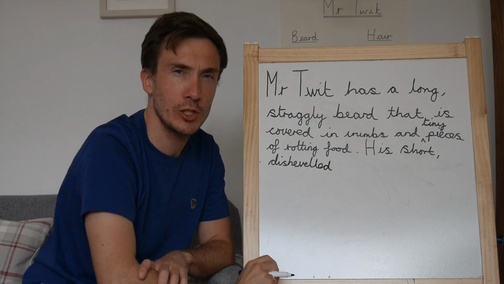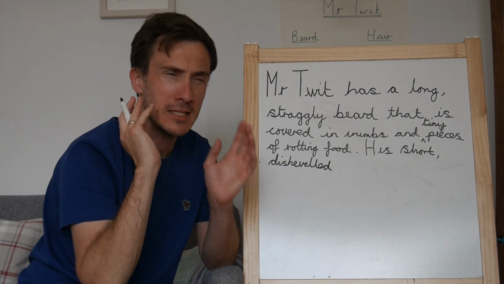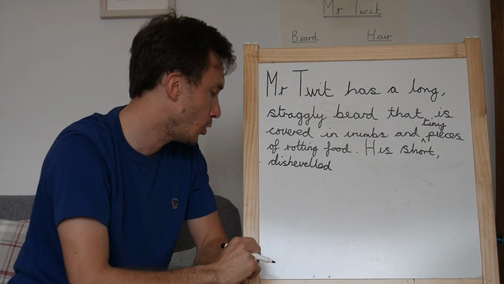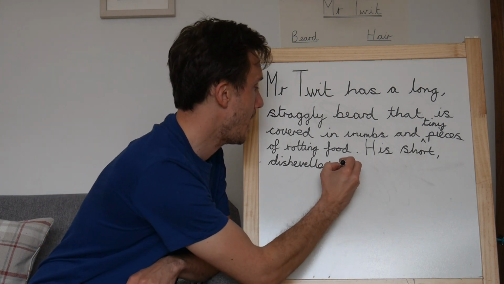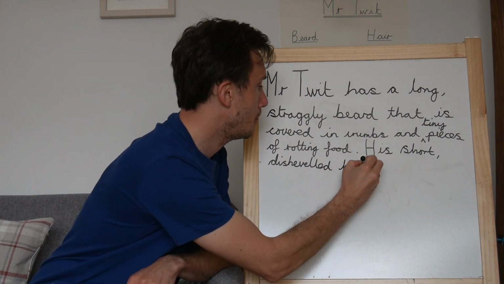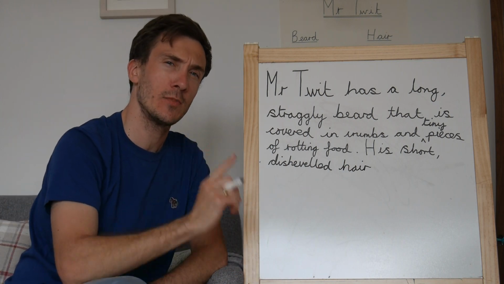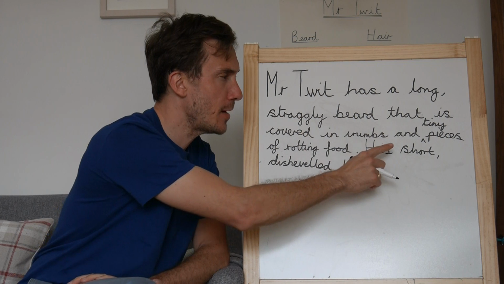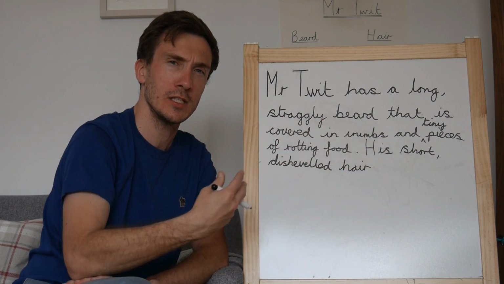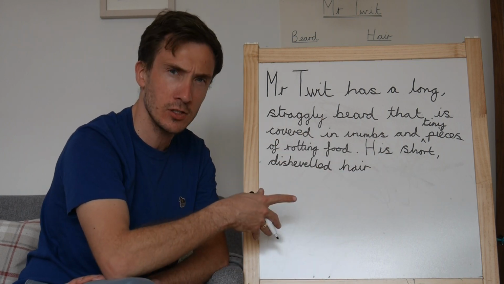Dishevelled. So his short, dishevelled. Dishevelled means messy, untidy. So short, dishevelled hair. His short, dishevelled hair. Now I start that way because I want to say something about it. Okay, but I've already described it, so we've already got a picture of what his hair looks like, but I want to say something more about it. That's why I've started in that way.